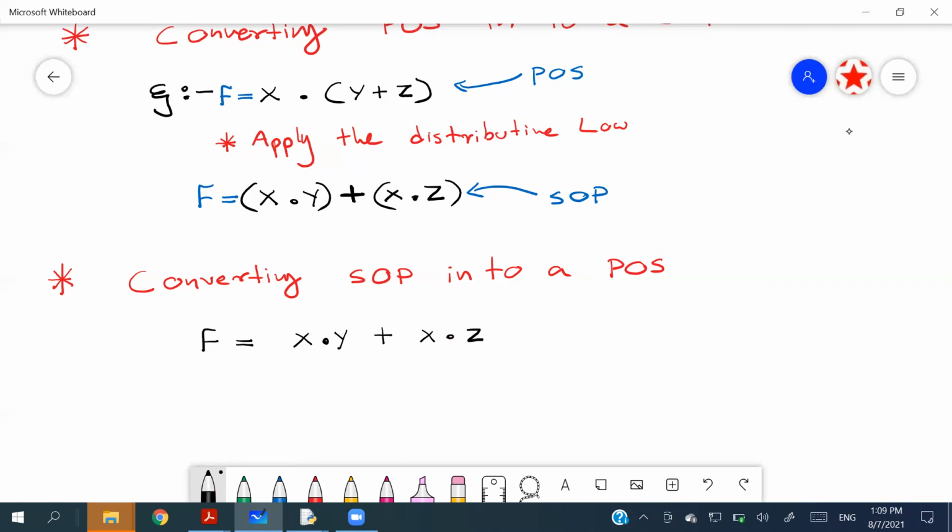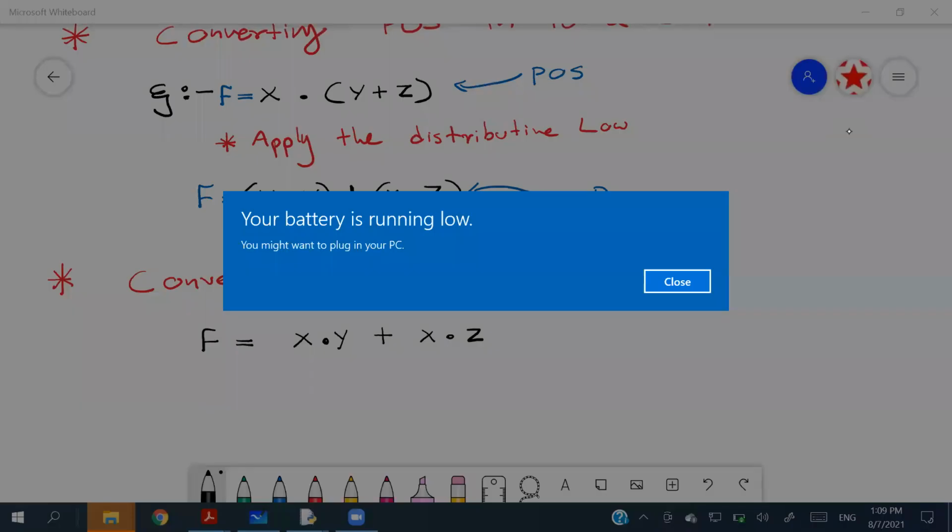Right? So the first thing that I'm going to do over here, right? There are short ways. ඔයාලා මේක දිහා බලලා එකපාරට distributive එකේ reverse එක apply කරලා අර POS එක ගන්න පුළුවන්.